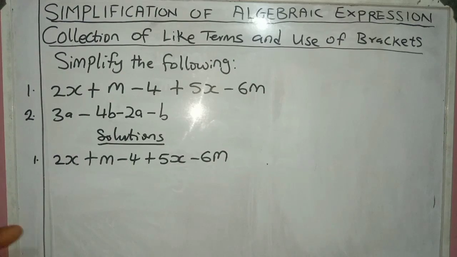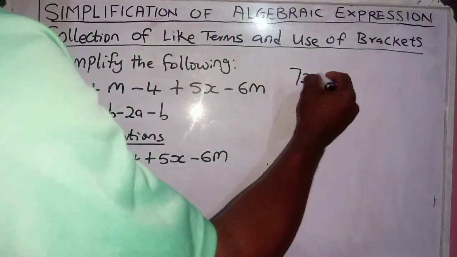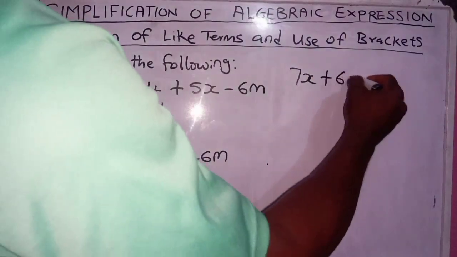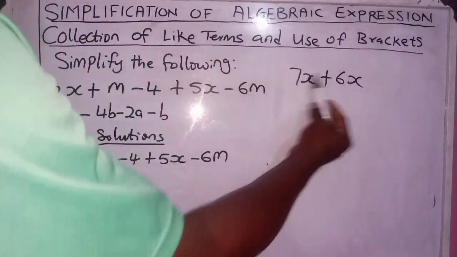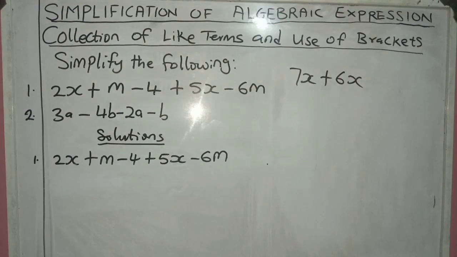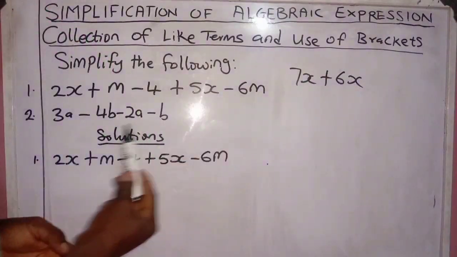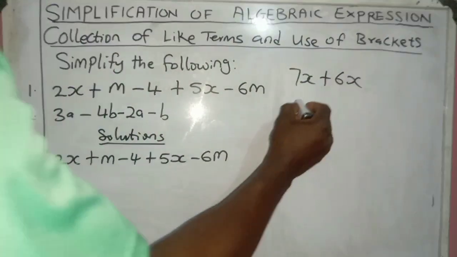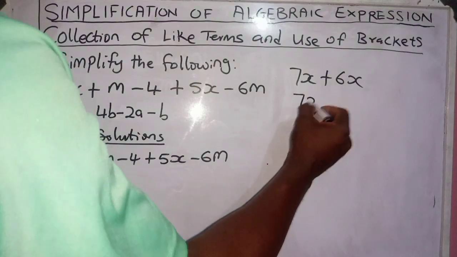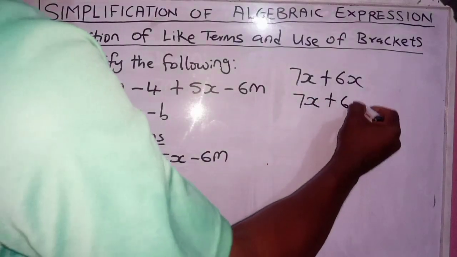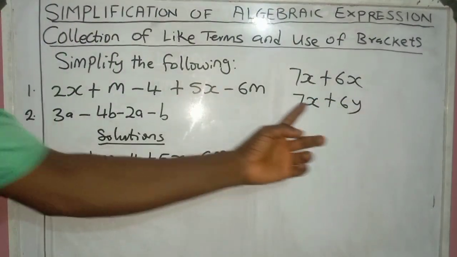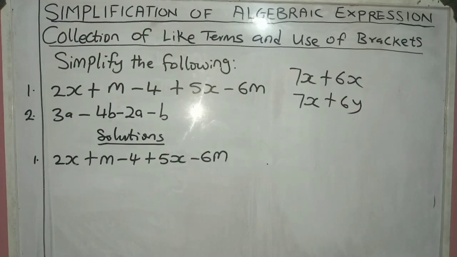It becomes like terms when they share the same alphabet. For example, you have 7x plus 6x. These two terms are said to be like terms. Why do we say so? Because both of them are bearing the same alphabet, x. But when I have it this way, 7x plus 6y, then the two of them are said to be unlike terms, because they do not resemble each other.